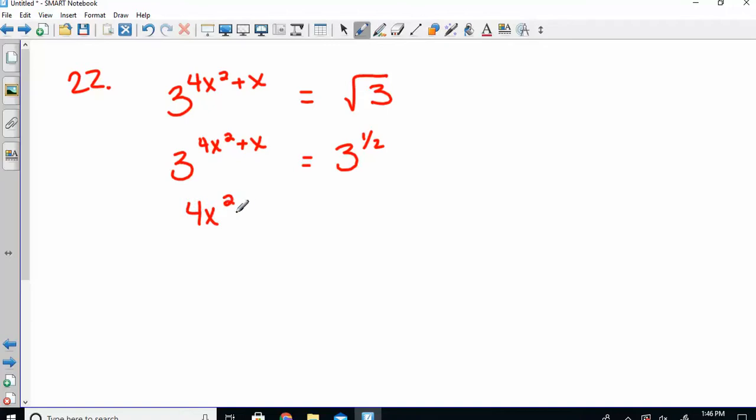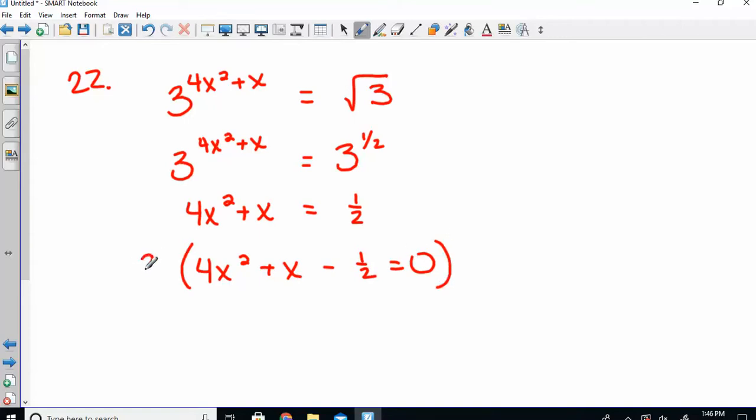So now we have a common base, which means the exponents are equal. This is like a quadratic, so we can set it equal to 0. But I don't want to try to do a box method with a fraction. How could I get rid of that 1/2?